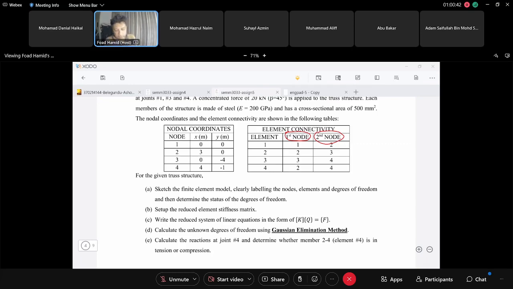So let's look at the question again. Sketch the finite element model, clearly labeling the nodes. Remember that in one of your assignments, I told some of you that you did not draw any finite element model. So please, this is important because you need to draw this in the test.